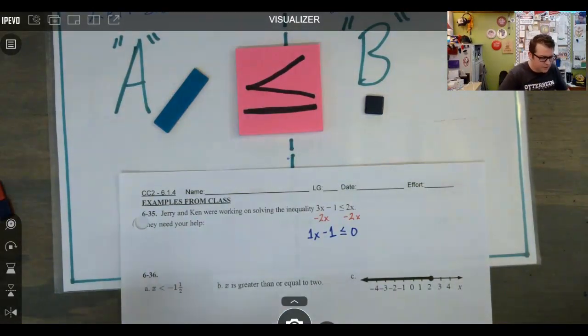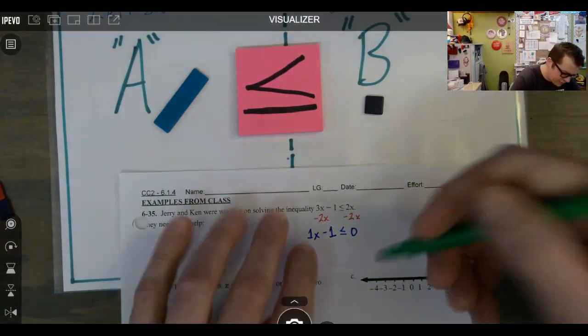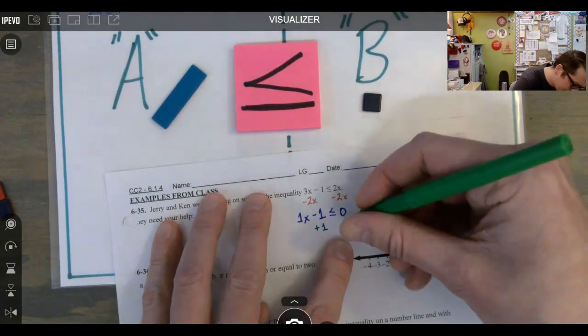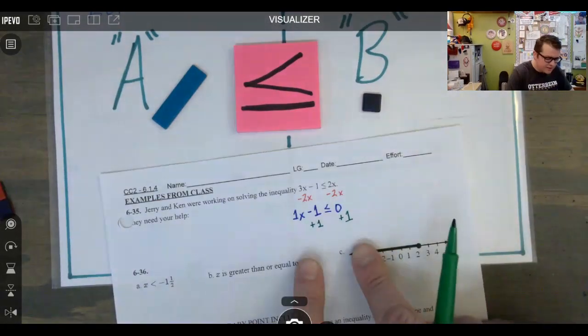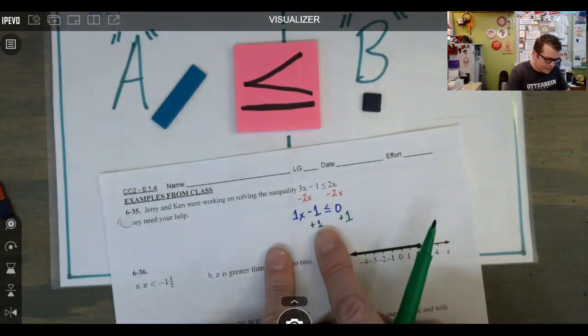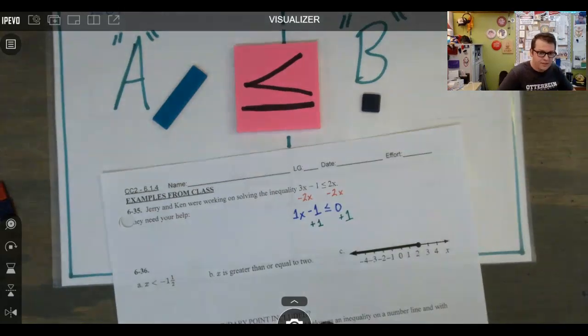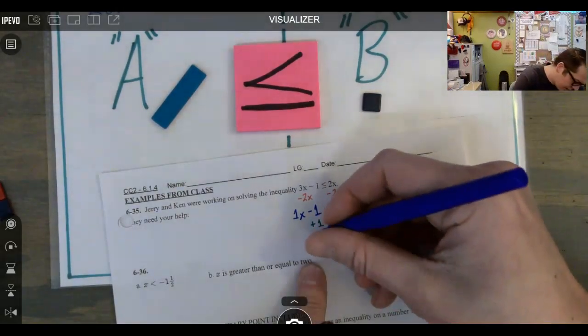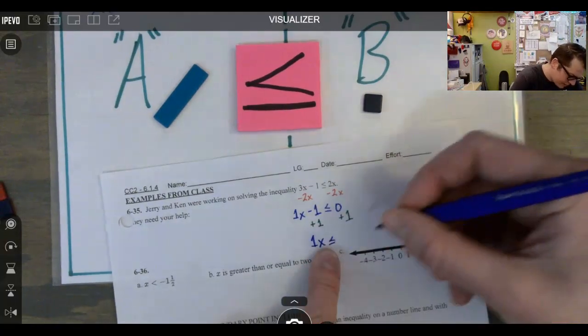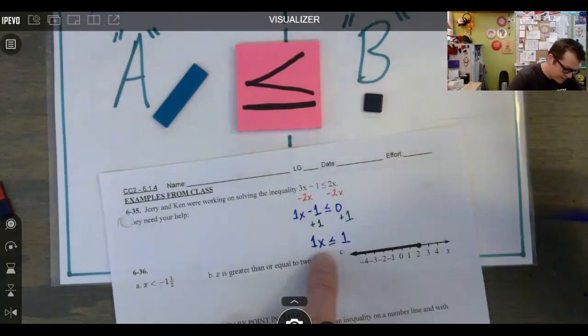And using red might make us confuse that it's a positive, so I'm going to use green here. So we physically brought a positive 1 into both sides. It canceled out the negative 1 over here and left us with 1x, which is what we're trying to solve for, is less than or equal to positive 1.